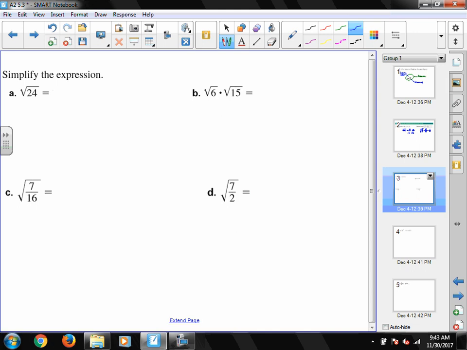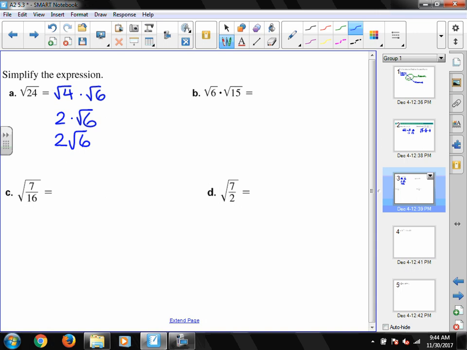Well, I know 24 is 4 times 6. So, from our product property, I can take the square root of 4 times the square root of 6, and I can get 2 times the square root of 6, or just 2 square root 6. Either way, it's the exact same thing.